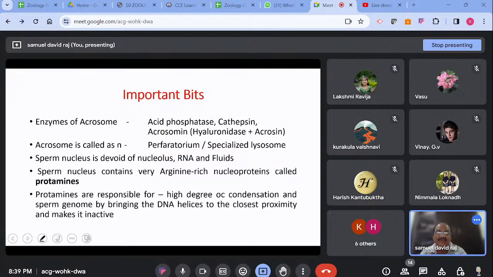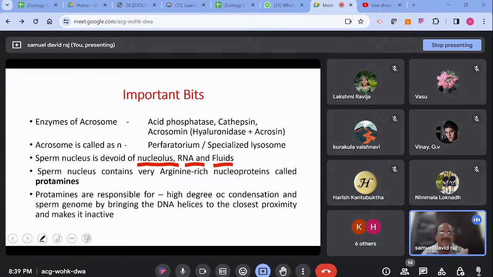Next, we have already seen that during differentiation of the spermatid, it loses water, RNA and nucleolus. Thus, the sperm nucleus does not have nucleolus, RNA and fluids. Why?